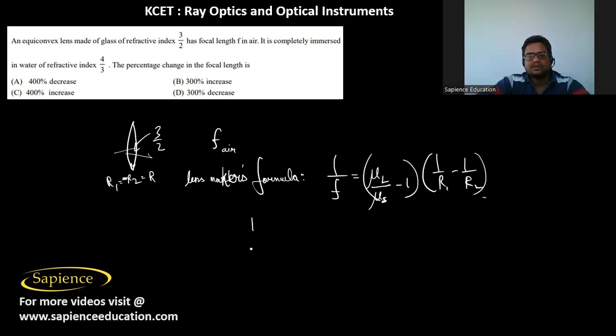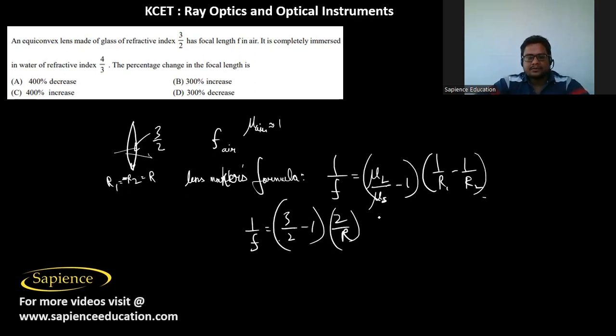Therefore 1 by f equals refractive index of lens, that is 3 by 2, and when it is in air, the refractive index of air is approximately 1. So 3 by 2 minus 1 into 2 by r. Therefore it will be 1 by 2 into 2 by r, so it is equal to 1 by r.